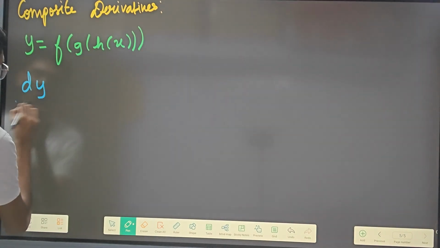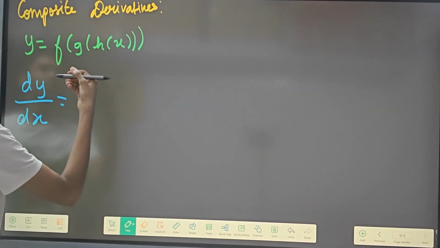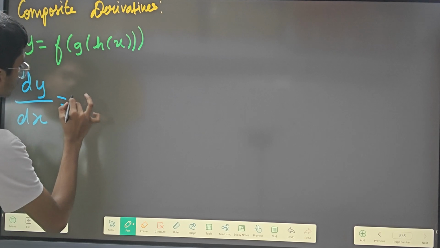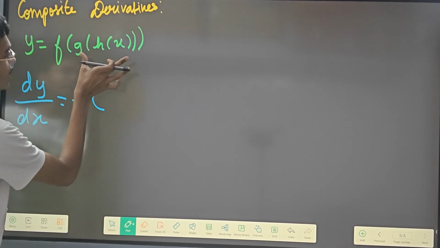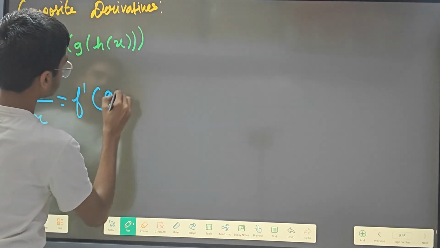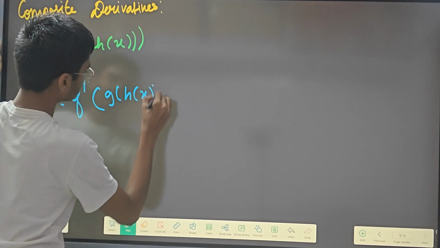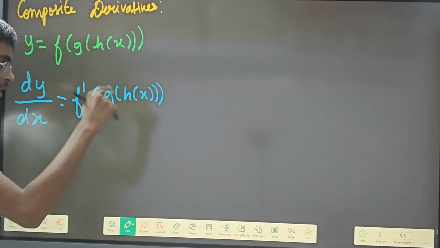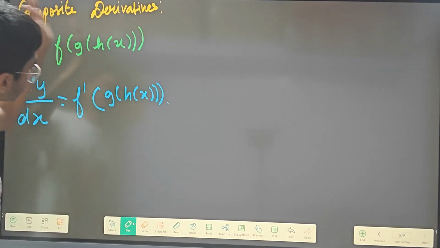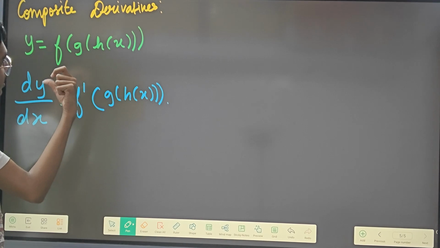So the differentiation of this will be dy by dx is equal to, first differentiate this f. So f dash of, then write the inside, g of h of x. Then multiply it, then do the same thing for the next function.